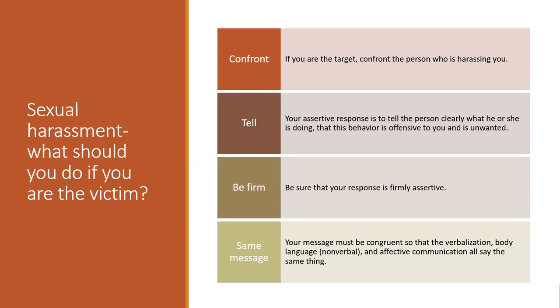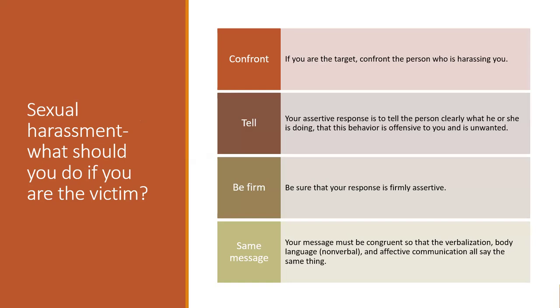Okay. Sexual harassment. What should you do if you are the victim of sexual harassment? The first thing you want to do, if you are the target, is confront the person who is harassing you. Tell them assertively and clearly that their behavior, the things they're doing or saying, is unwanted.